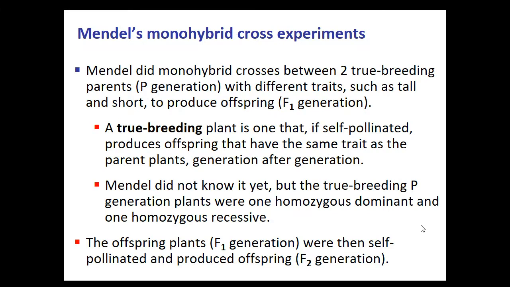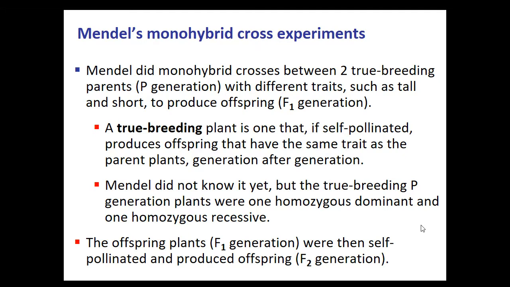if you take one of these plants and you self-pollinate it, which means the same plant is both the father and the mother, so this plant produces pollen. You put that pollen on the same plant's flowers, and then it produces seeds. And you do that generation after generation. And when you do that, the trait is the same, generation after generation.